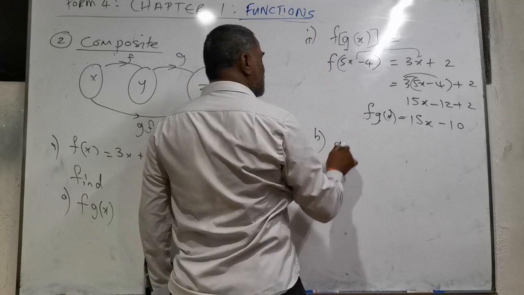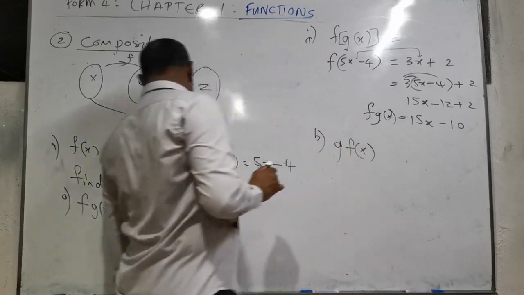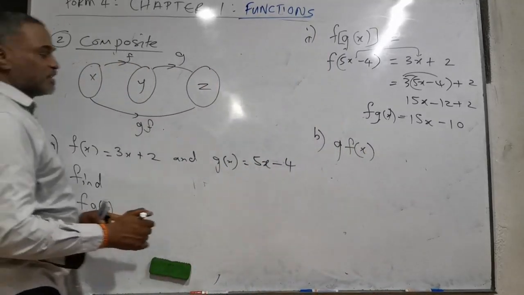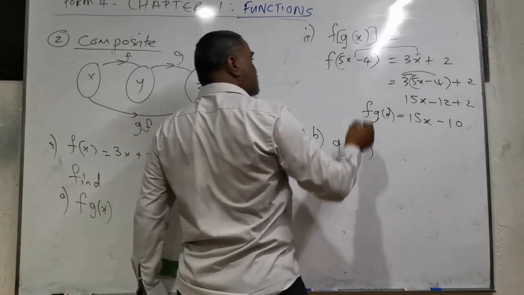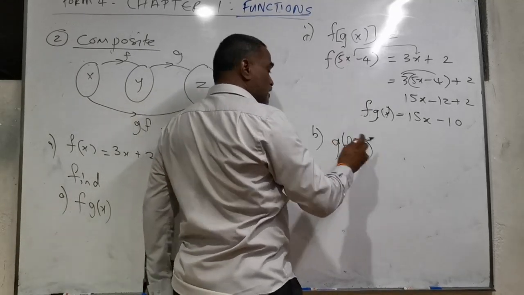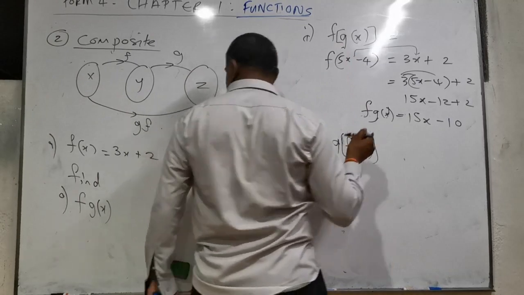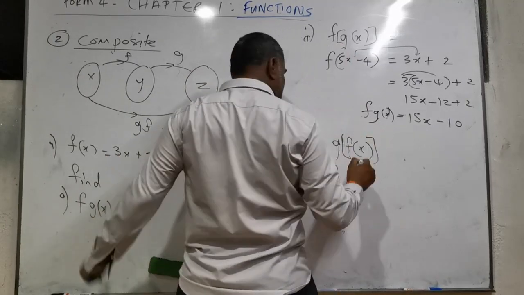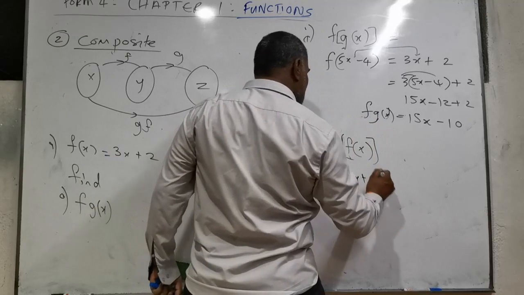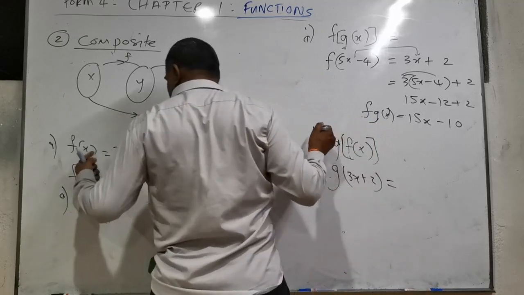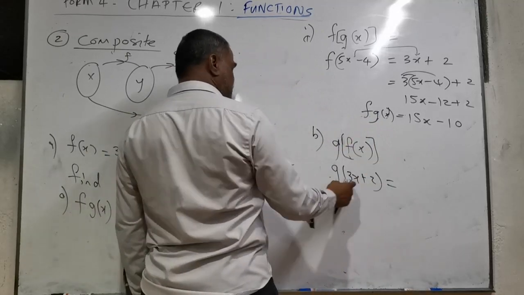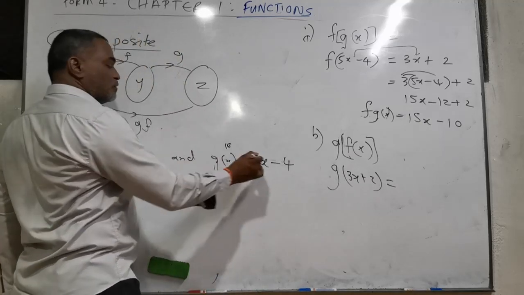Okay, same thing goes for the second one, (b) gf(x). The first one uses fg(x), the second is gf(x). gf(x) means the same concept. So we consider f is an object of g. So we cut and paste, okay, f. f is 3x plus 2. So after that you need to do g. g is 5x minus 4, because in front of the g we call object. Let's say I give you 10, you will substitute 10.